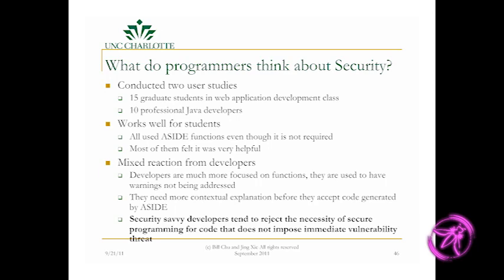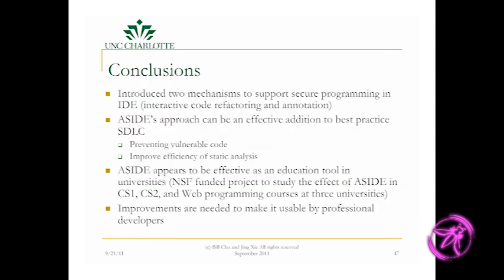The developers are more skeptical. They want to get the functionality first, so they don't always pay as much attention to it. And so it's a little bit more subtle with developers, but overall it's very positive. And then obviously, this is a prototype design. We need to improve that. So we talk about this more in the paper.